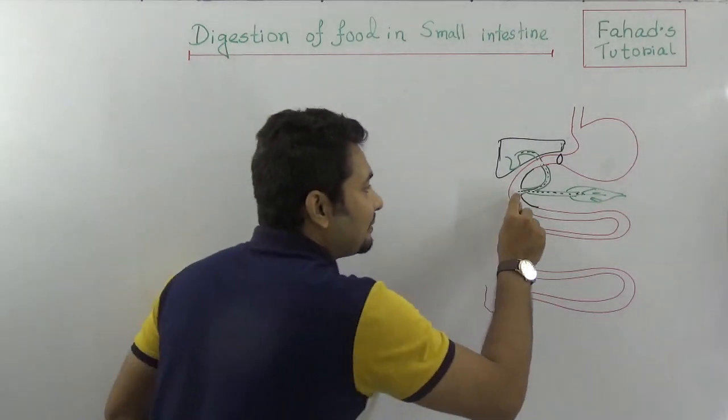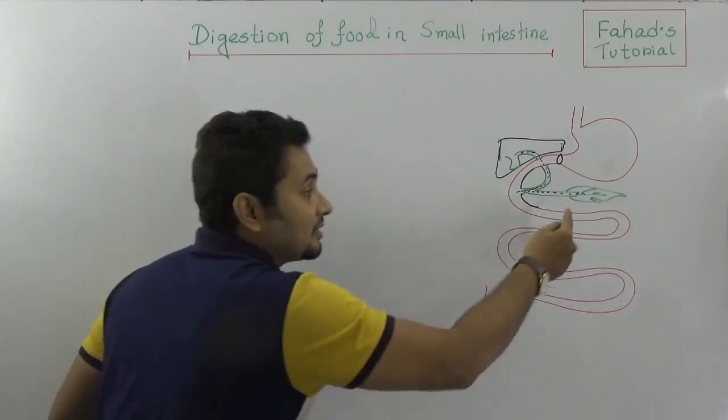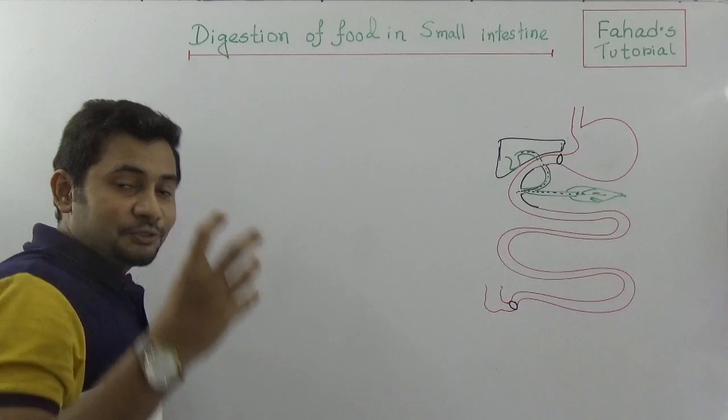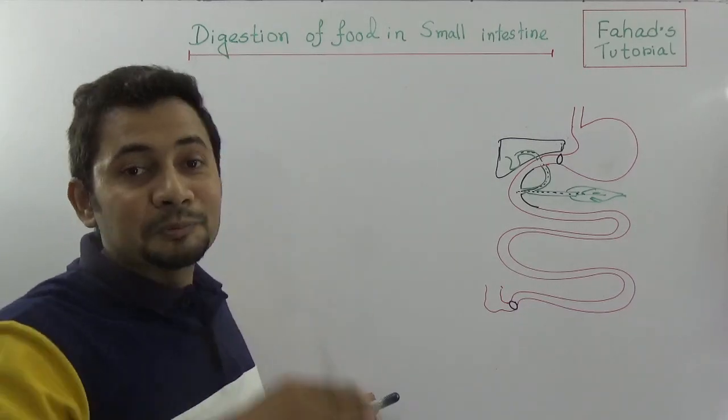So what is happening here? When bile and pancreatic juice come, altogether there are some substances acting on this portion.